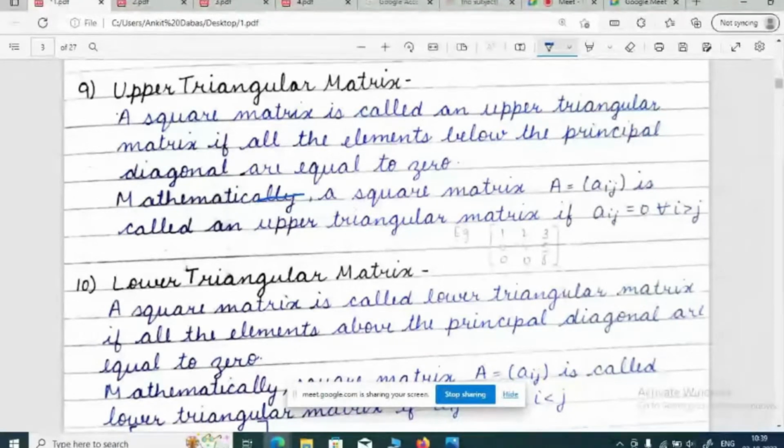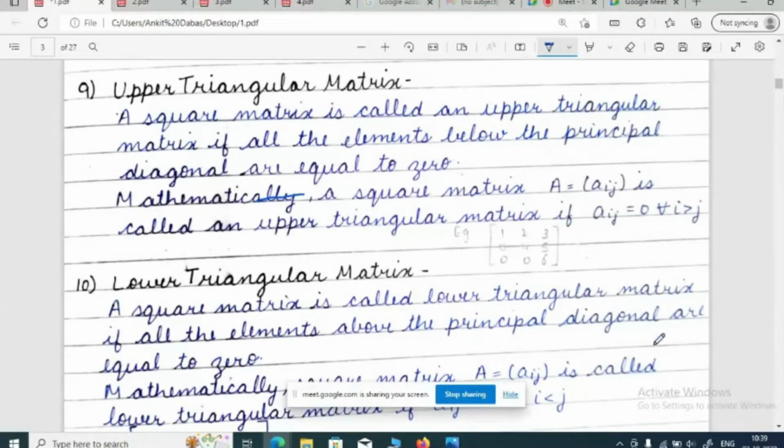That is, the entries where i, which we normally term as the row number, and j, which is the column number, so for i greater than j, if a_ij is equal to 0, in that case that matrix is called upper triangular.